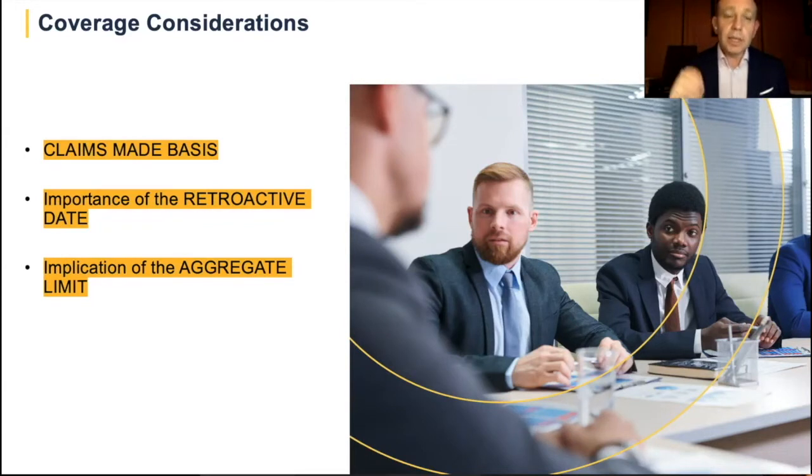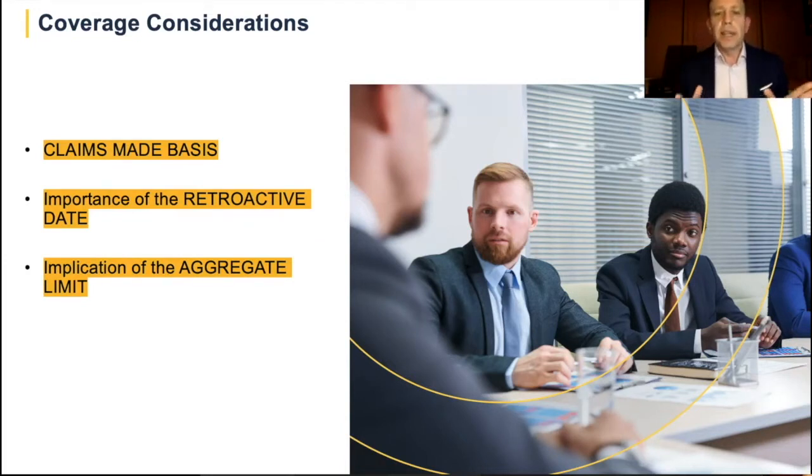Firstly, the limit is aggregated. Okay, so there's a single limit that applies to the whole year. So if you choose 10 million Rand, and you have 2 claims of 10 million, you're going to run out of cover. The other thing with this aggregate limit is that it is shared amongst all of the directors and officers. They don't have 10 million each.